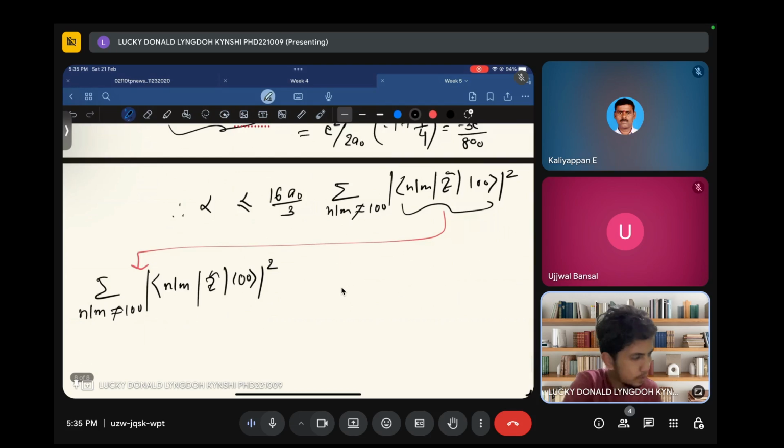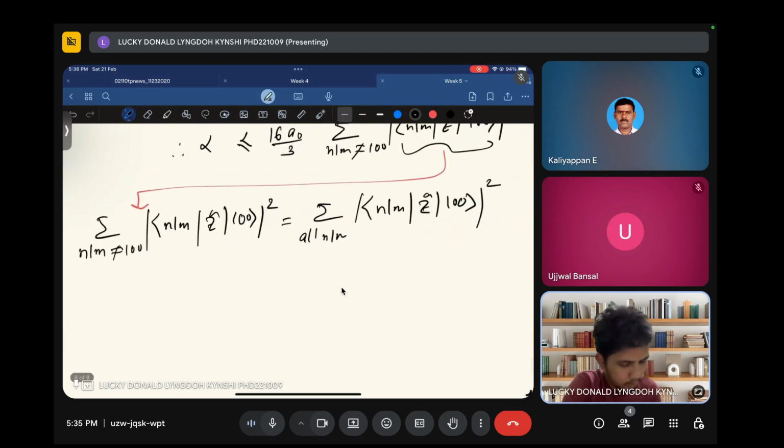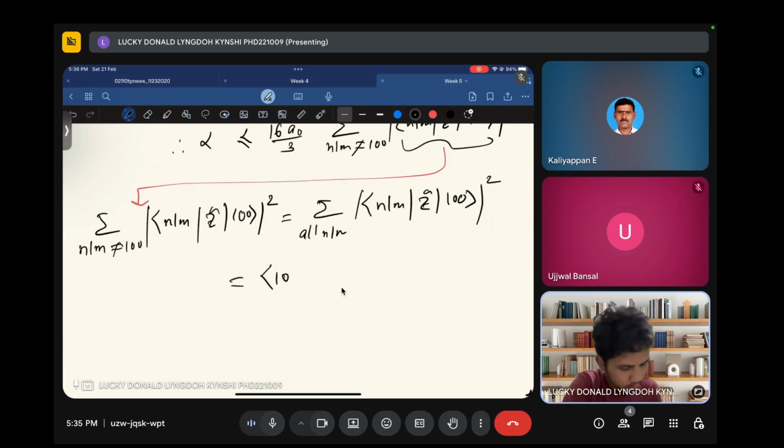So how do we solve this? We can just assume that all NLM states are included, and we can write this as 100 z cap, then the sum over all NLM, NLM z cap into 100.